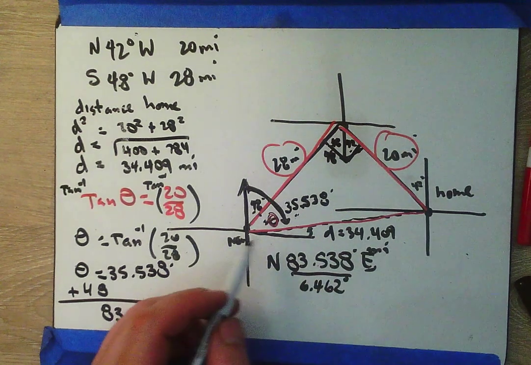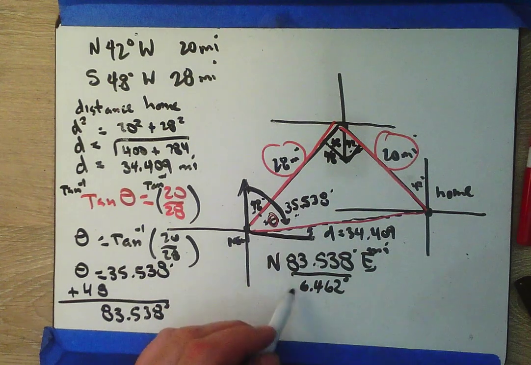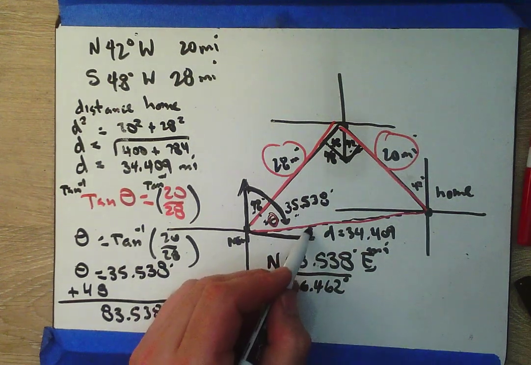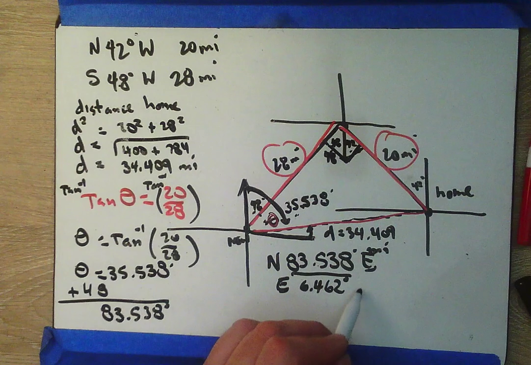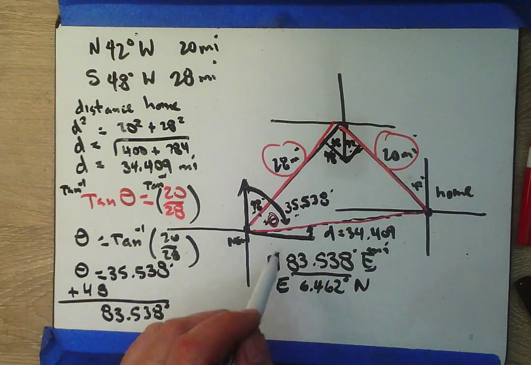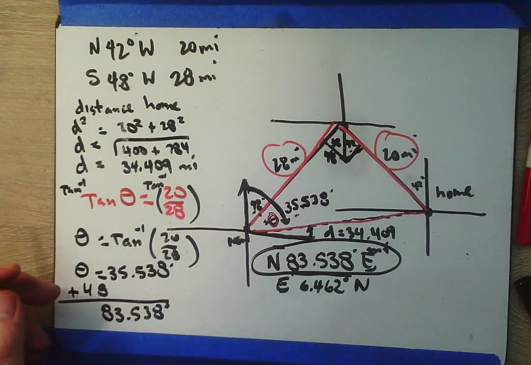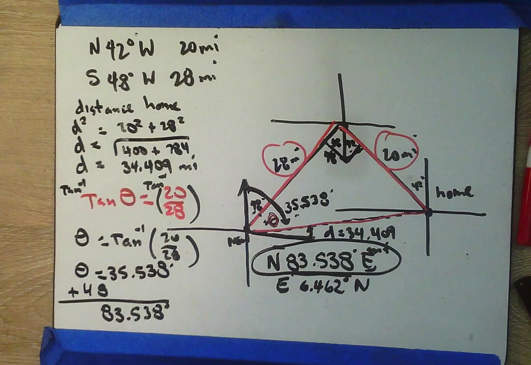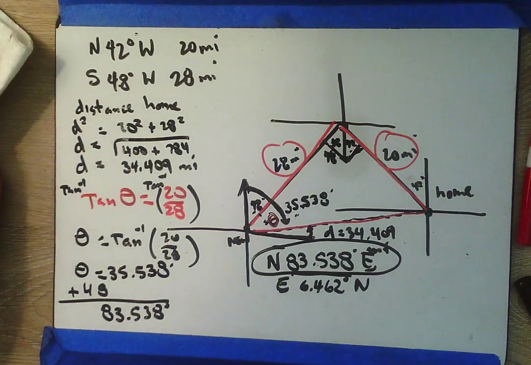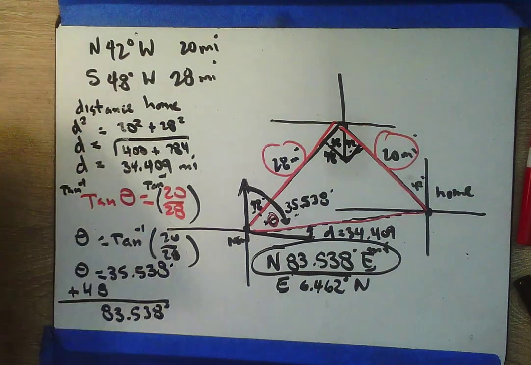Now, what would the bearing be? Well, I would be heading east, and then I would go 6.462 degrees to the north. This is the more common answer, but I would accept either on a test. We'll be doing a lot more bearing problems in the near future. You might want to practice with these two a little more, just to get comfortable with them.